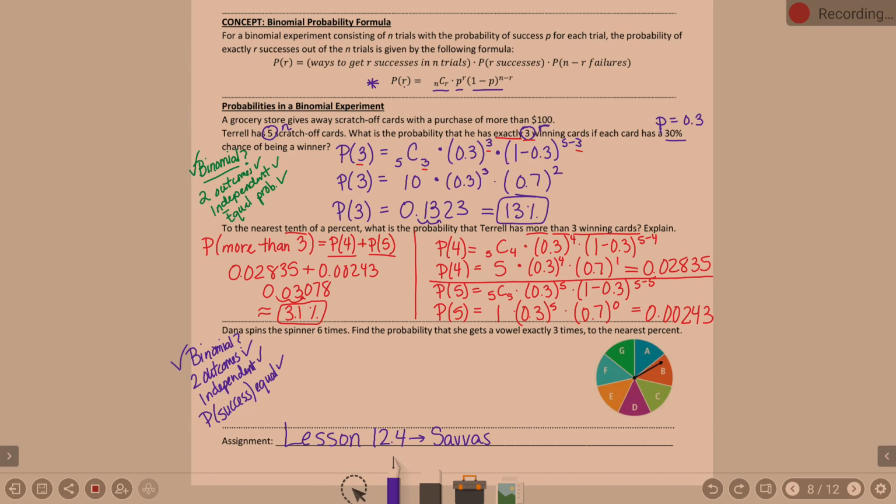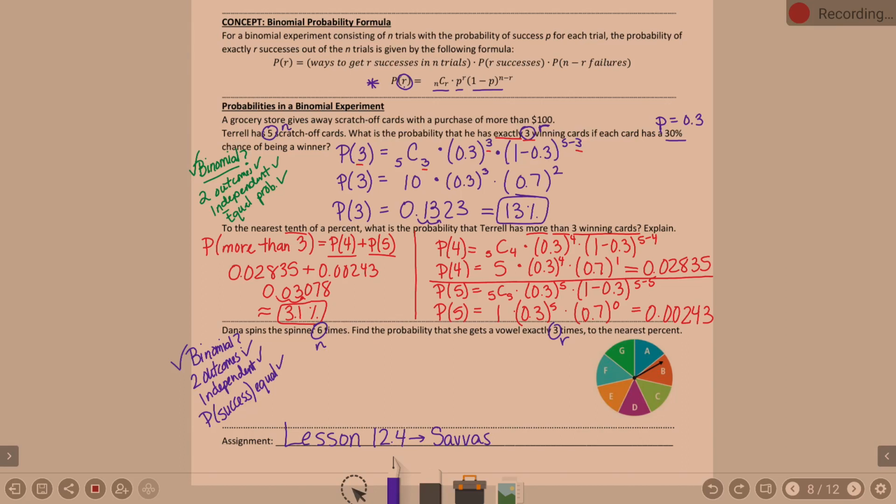Probability of 3. So that 3 is going to be my R. Okay. And then out of how many total times? That is 6. So we've got 6 total times, and we're looking at 3.